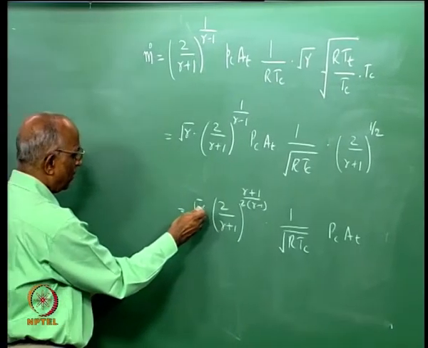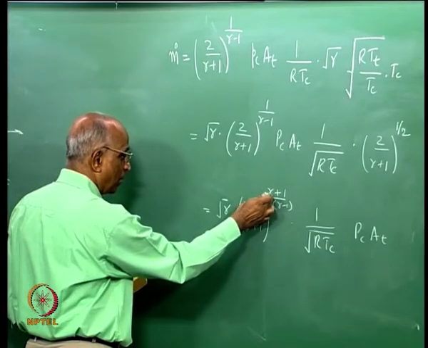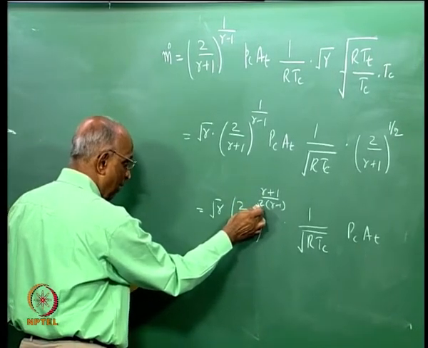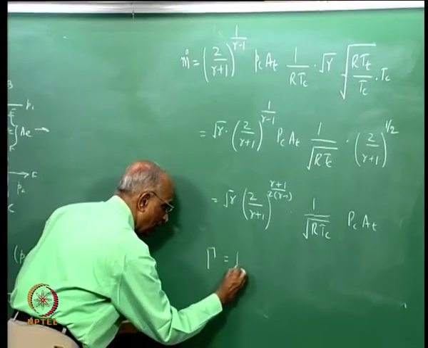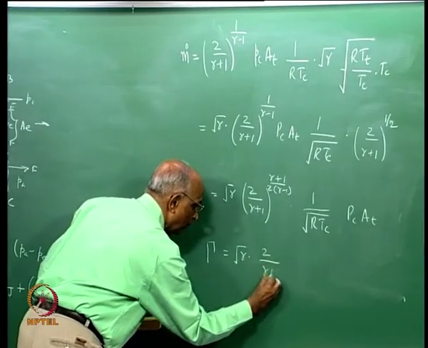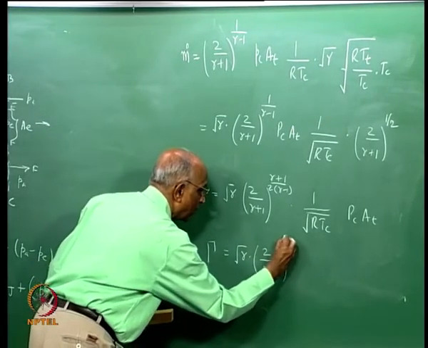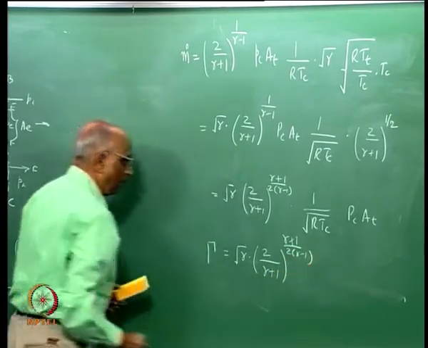Let me define under root gamma into 2 over gamma plus 1 to the power gamma plus 1 divided by 2 gamma minus 1 as capital gamma, which is equal to under root gamma divided by 2 into gamma plus 1 divided by gamma plus 1 divided by 2 gamma minus 1.